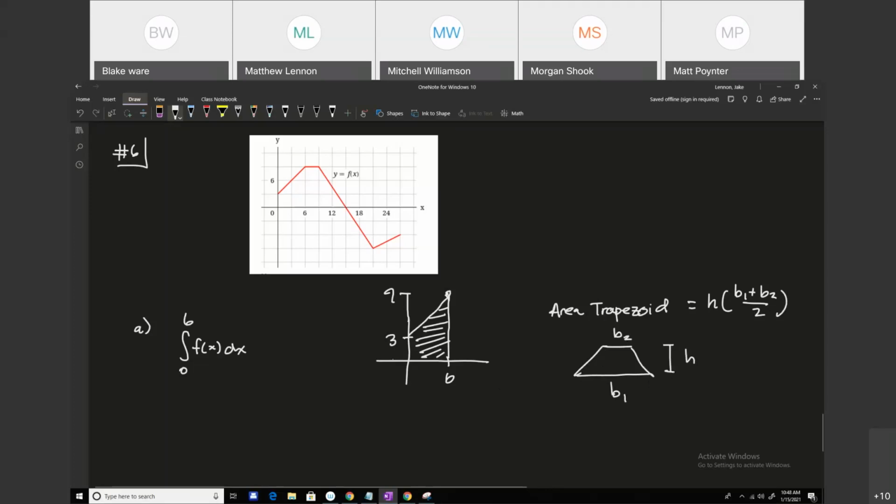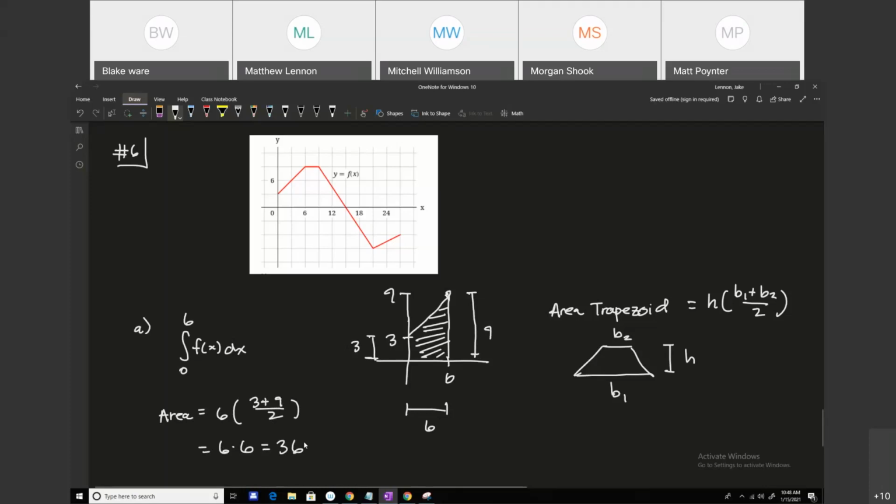For this one, you would have to turn the trapezoid over, rotate it 90 degrees clockwise. So this is 6, with a base 1 of 9 and a base 2 of 3. Our area here would be 6 times 3 plus 9 divided by 2. This is actually just 6 times 6, which is 36 square units.